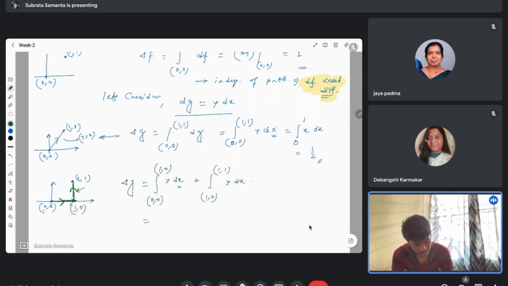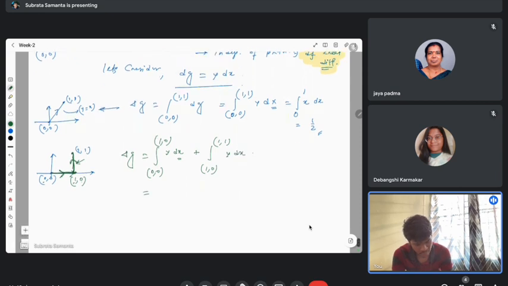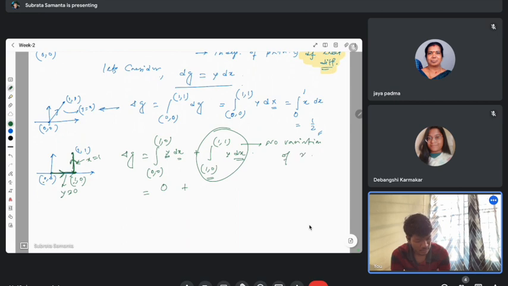You see that on the first path y is fixed, so the y value is 0, and on this path x equals 1. So the first part is 0 because the y value is 0, and on the second part there is no variation of x. This implies that dx is 0, so again this is 0.